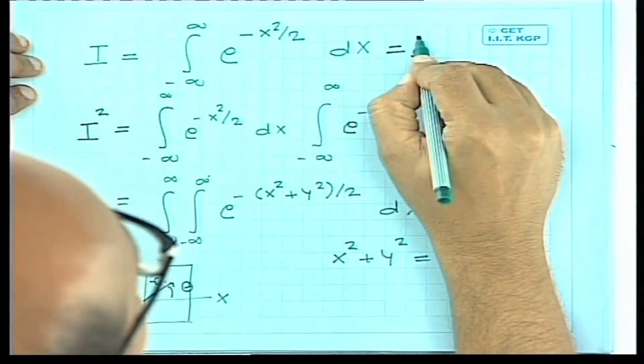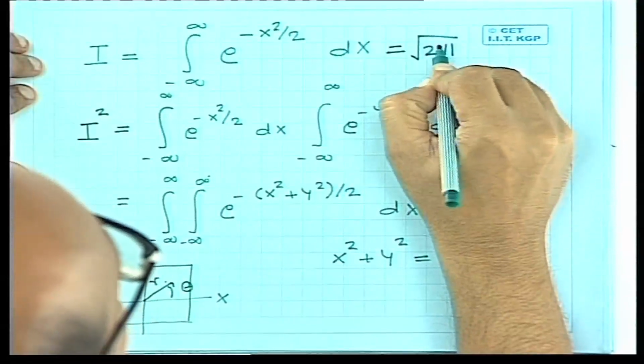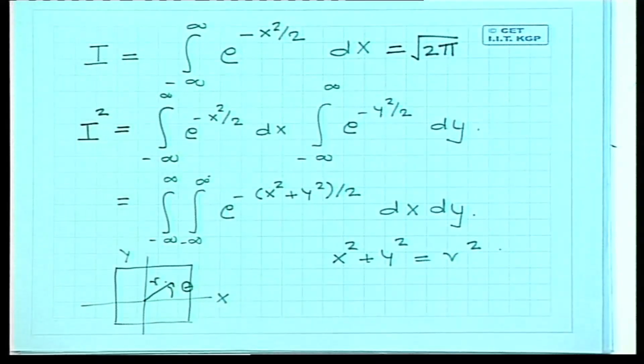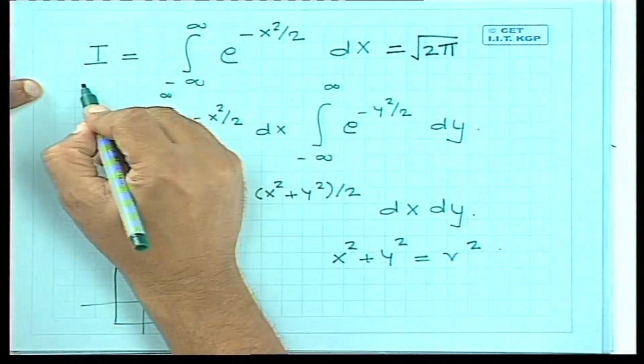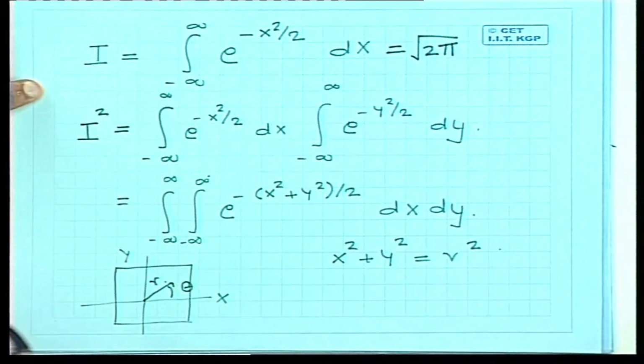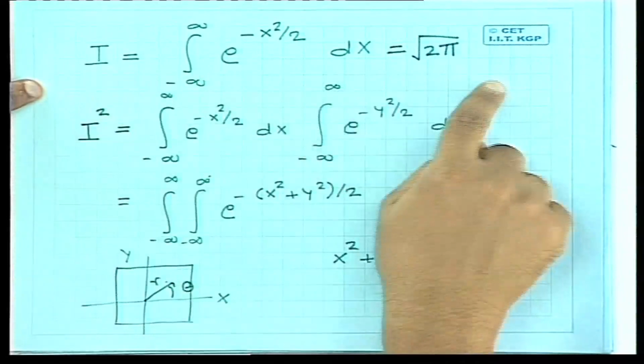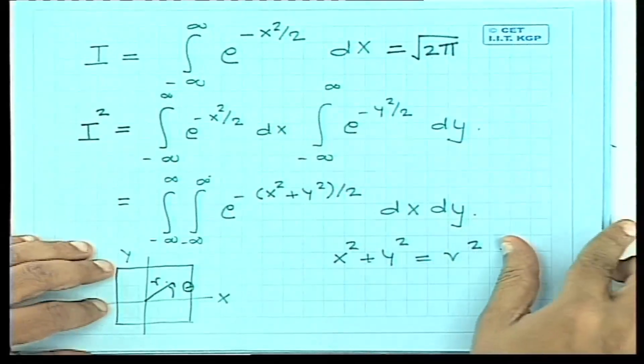I hope this bit of algebra is clear to you. So we are finally led to the conclusion that this integral is equal to square root of 2 pi. This is an important result which we shall be using again and again, so kindly note it carefully.